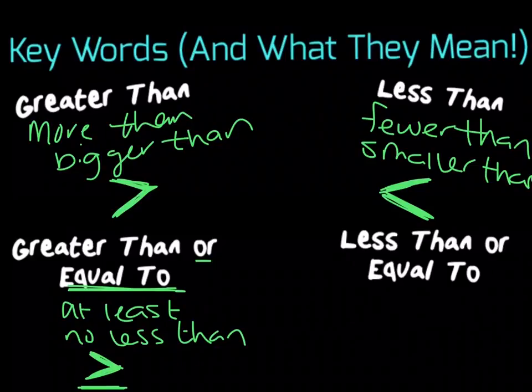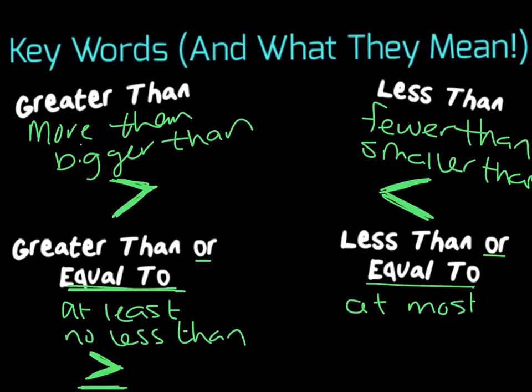Okay, I'm going to do the same thing with less than or equal to. So it's still less than, we just added the or equal to. And so still going in that same fewer than, smaller than way, but we can say it as at most. Because he can have the same as her or less, so at most.